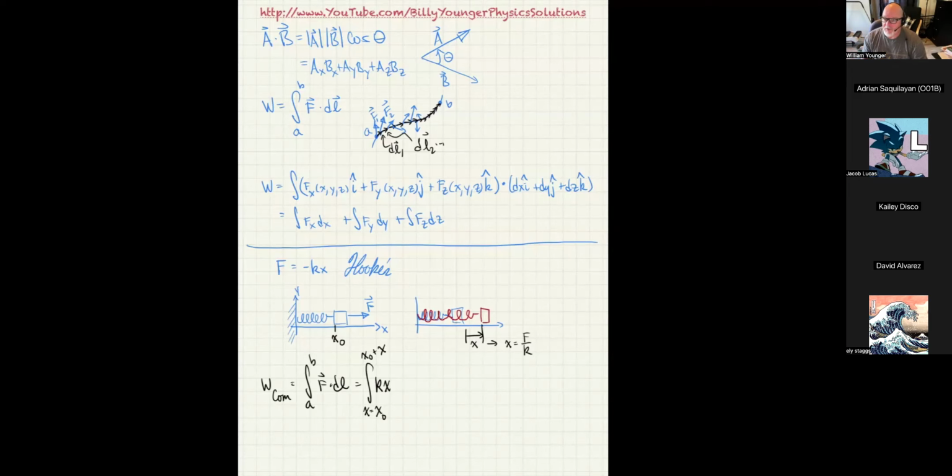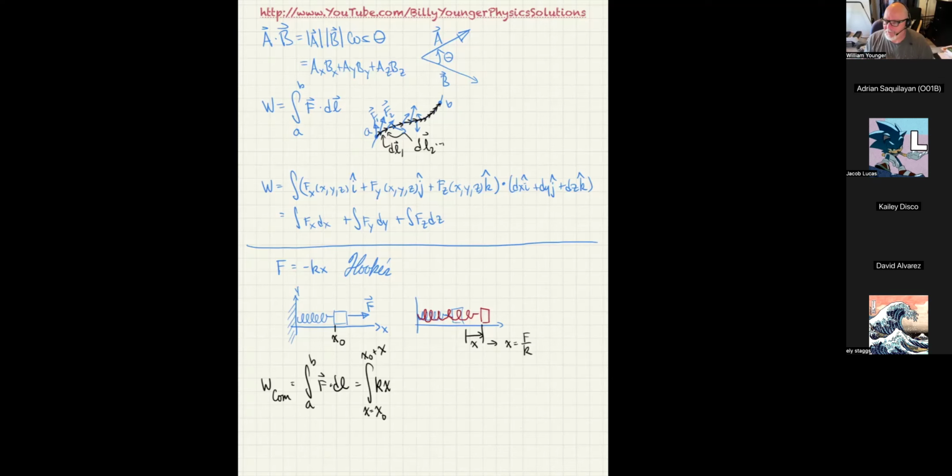So I've already said the limits of integration are going from where we started to where we ended. That means now I have to write the dl in the positive coordinate direction that we're moving. So since we're moving in the x direction, whether it be positive or negative, I'm just going to have to write it as dx i hat because I already indicated the direction with the limits of integration.